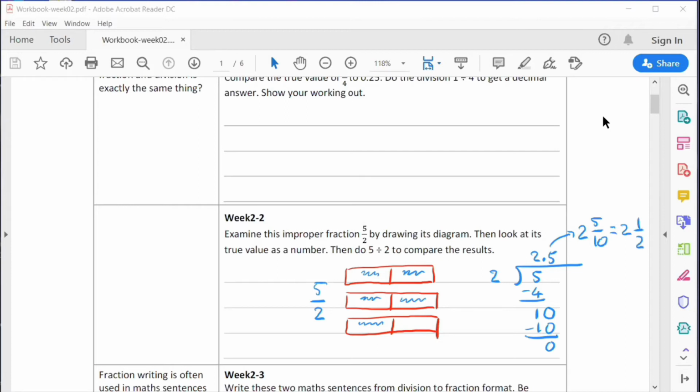Then you can go further. You can convert that into an improper fraction, and that equals 5 out of 2. So that's it. You show how they look exactly the same.